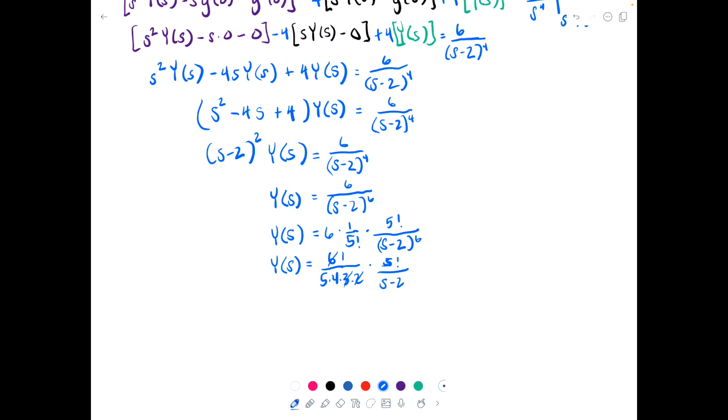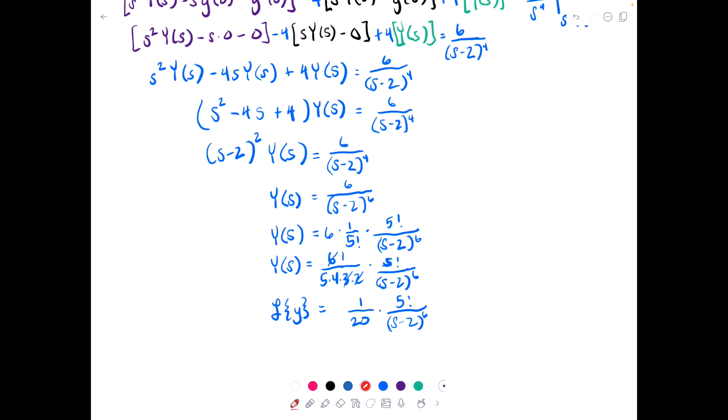This is a 5. Sorry, my 5s look kind of like s's. And so we will have L at y is equal to 1/20th times 5 factorial over s minus 2 to the 6.